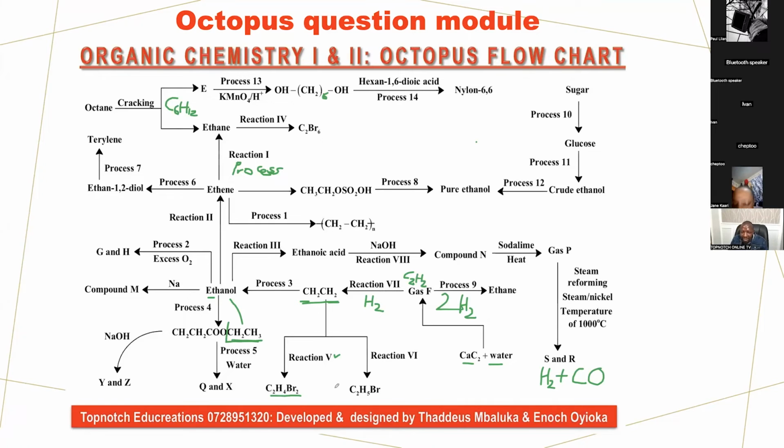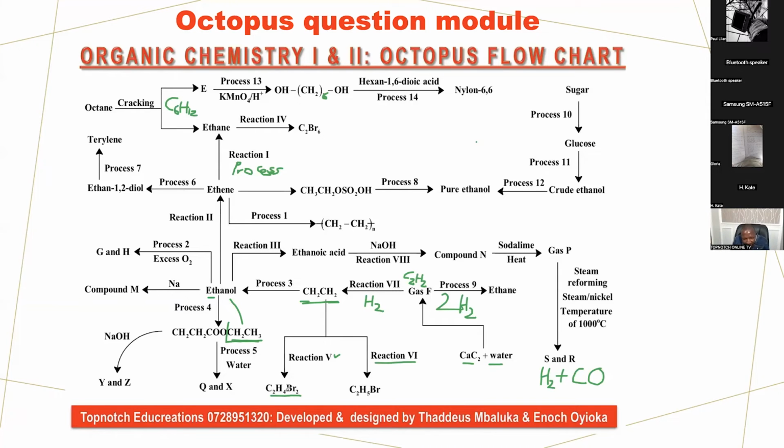The reagent that is added there is what? Bromine. Hydrogen halide. Bromine water. Look at this one, the carbon is two, hydrogen is 4, and here we have added in only.